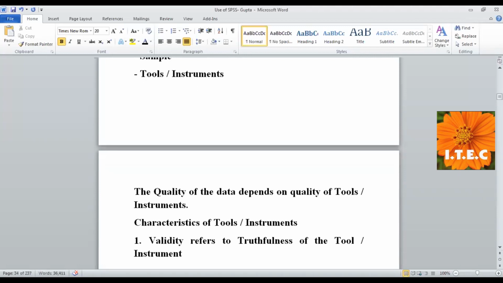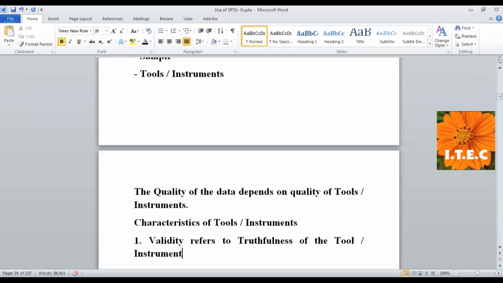Now, how truthfully that will assess or measure? I will tell you the difference between assessment and measurement little later. Now, if you are giving the test in mathematics, then to what extent the test paper will assess the achievement in mathematics of the student?